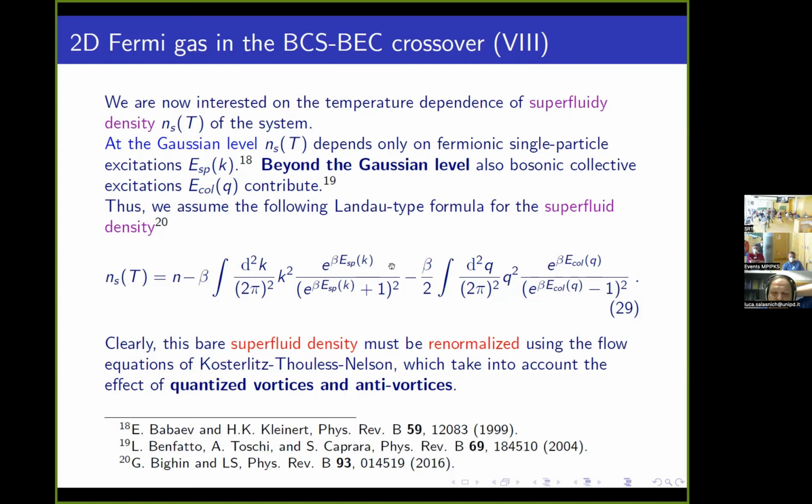And here the contribution of the normal density is the sum of two contributions. The contribution to the normal density of the single particle fermionic excitation, and the contribution to the normal density due instead to the bosonic collective excitations. You see, there is a plus here and minus here because the E sub index SP are single particle and are fermionic, while E sub index CO are bosonic collective.